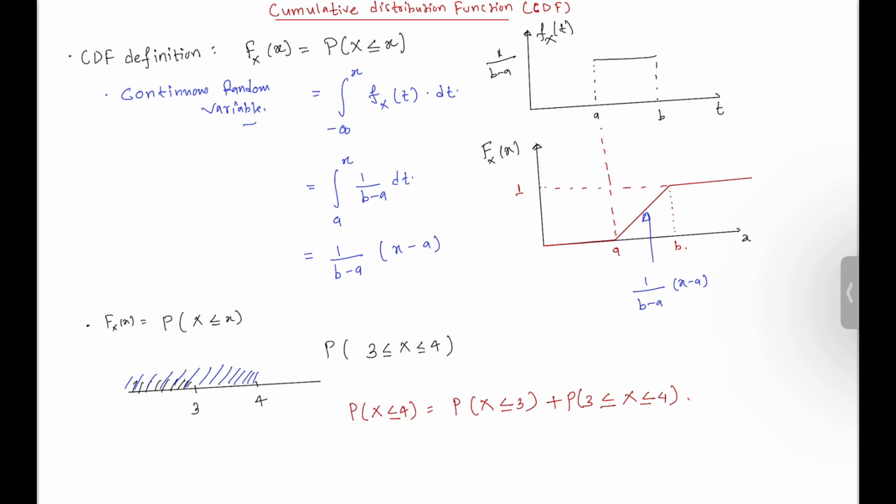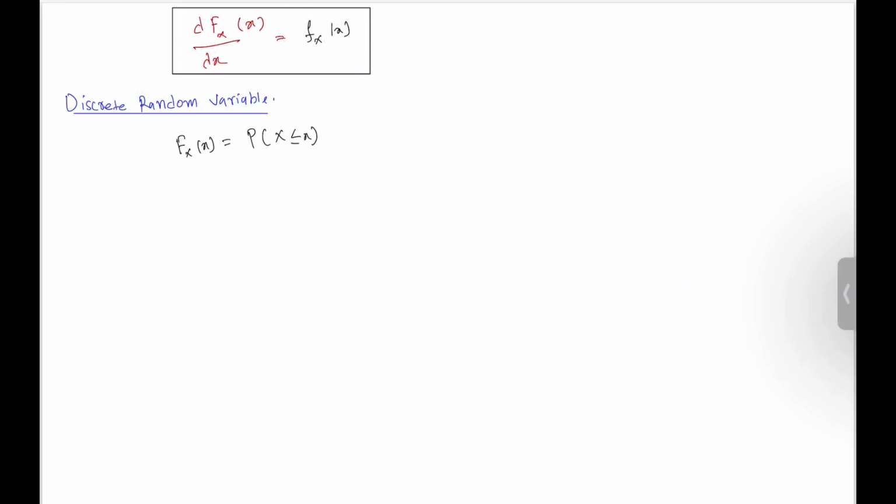Now let's move on and look at the cumulative distribution function in the case of the discrete random variable. Again, in the discrete case, the definition of the cumulative distribution function remains the same. It is nothing but the probability of the random variable X taking a value less than or equal to little x. Earlier we used the integration.